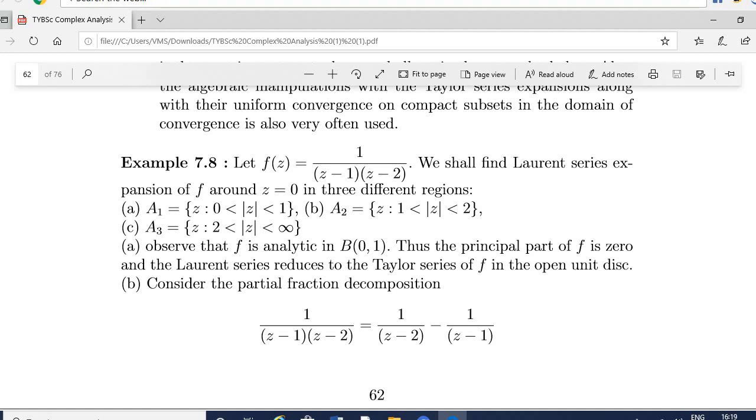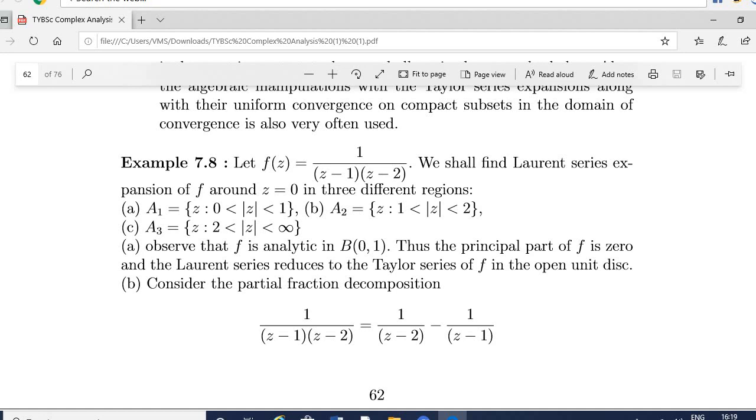Okay, now let's see how to solve this. Part A: observe that f is analytic in B(0,1), the ball with center at 0 and radius 1. What is your function? 1 over (z minus 1)(z minus 2). So the only points where the function is not analytic are z equal to 1 and z equal to 2. But both these points are outside the region A1, because A1 is the ball with center 0 and radius 1.